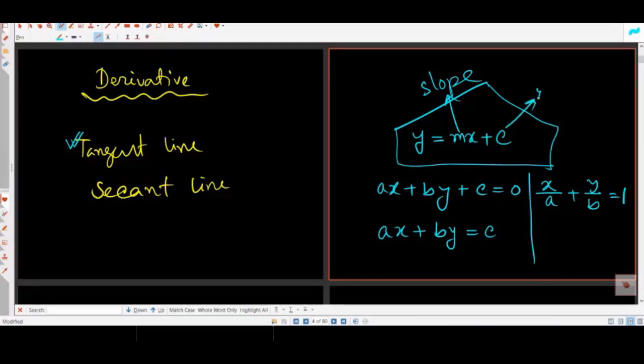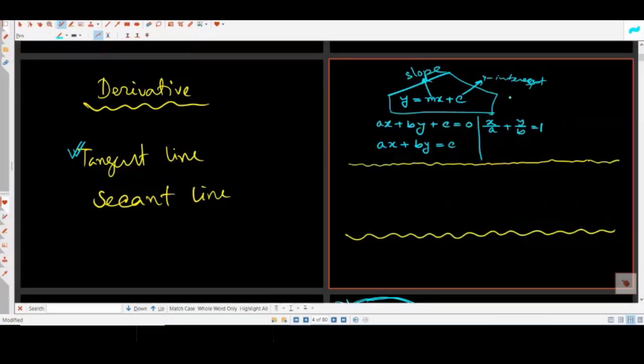c is the y-intercept. Besides these equations, we also know that if a straight line goes through a point (x1, y1) with a slope m, then its equation will be y minus y1 equals m times (x minus x1).